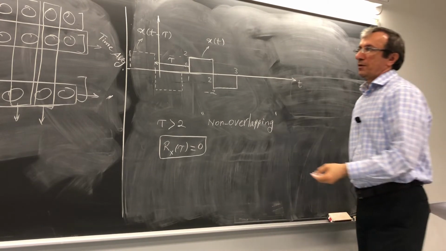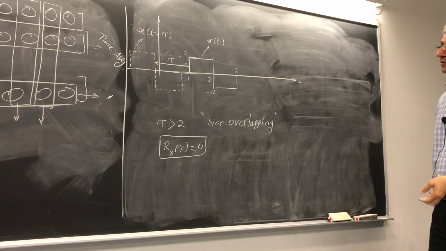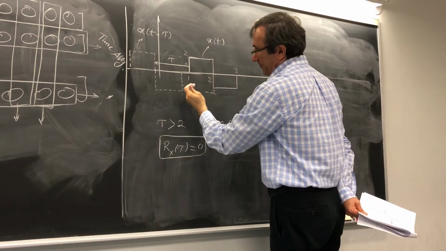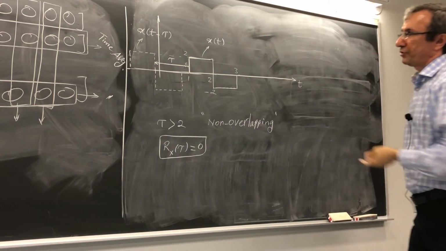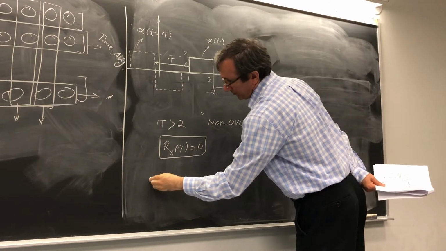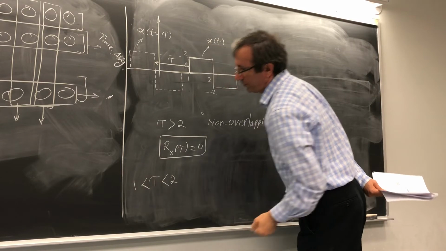Then let's move the shifted signal forward. When would the two signals start to overlap? That is for tau smaller than 2, greater than 1.